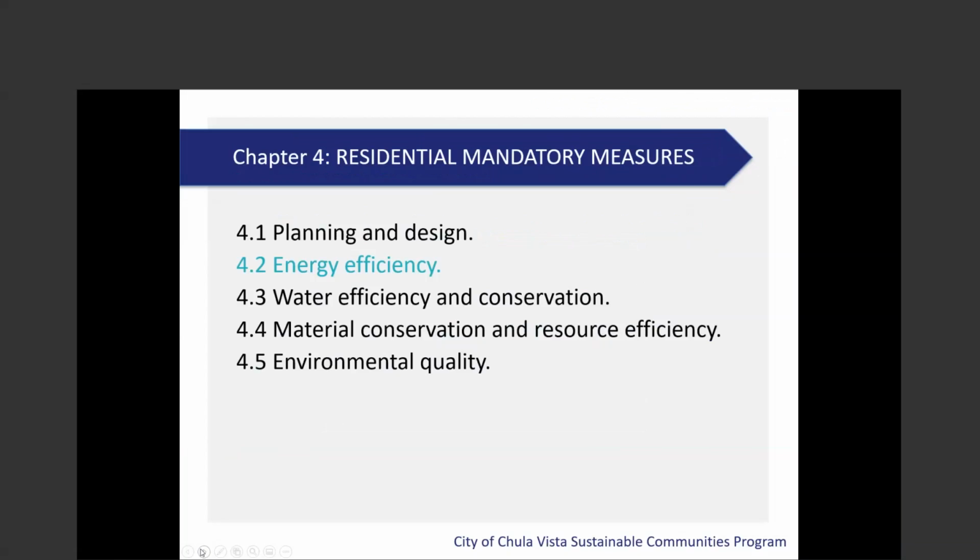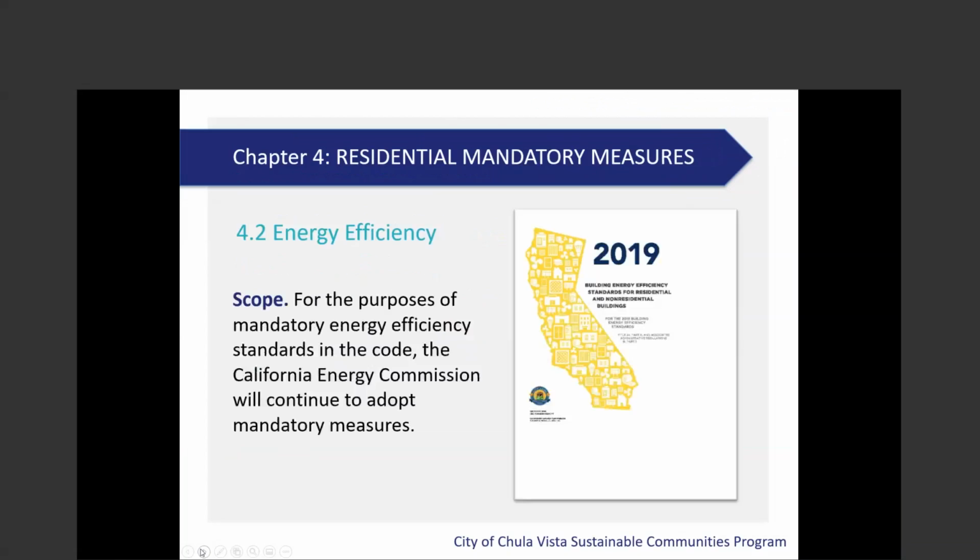So this brings us to energy efficiency, section 4.2, and I will hand it over to Doug. Great. Next slide. Thanks, Colleen. So far we've been talking about CALGreen as it relates to the broad applications. There are layers of CALGreen that definitely tie back into other code sections, and energy efficiency is a perfect example of that.